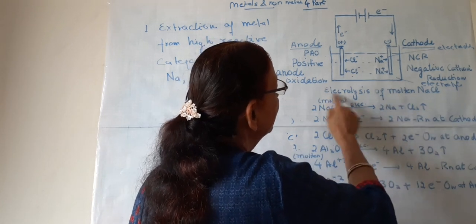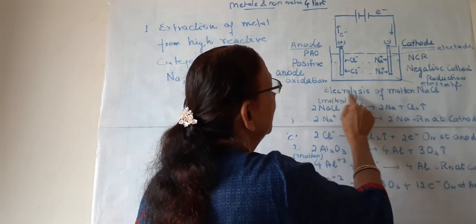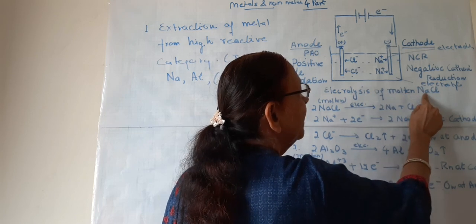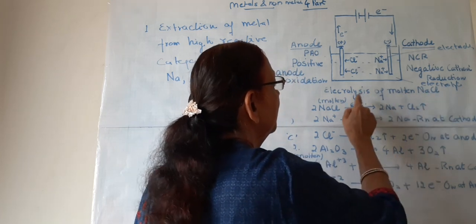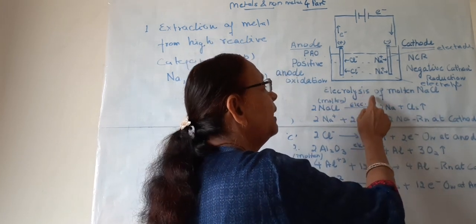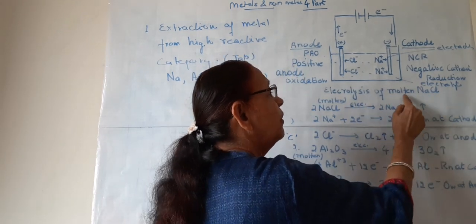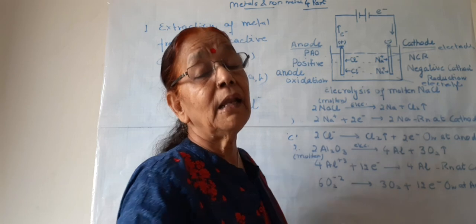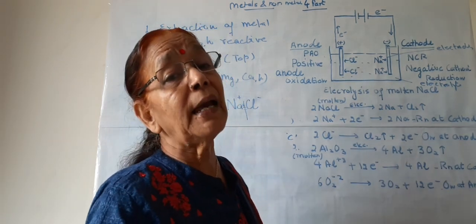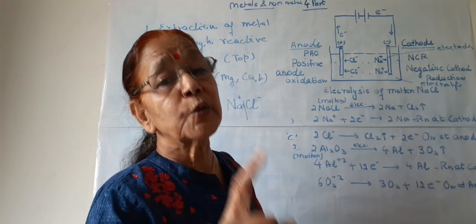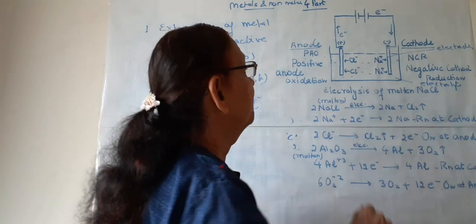Here I have written electrolysis of molten NaCl, or you can write electrolytic reduction of molten NaCl. We are reducing this NaCl to get sodium metal.